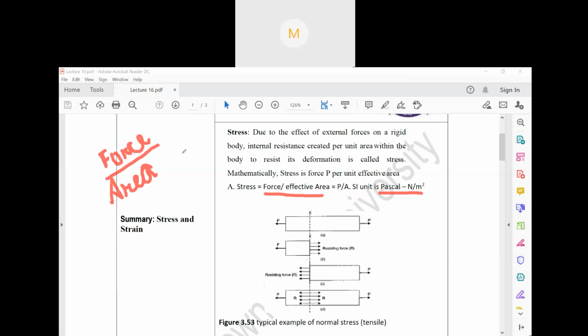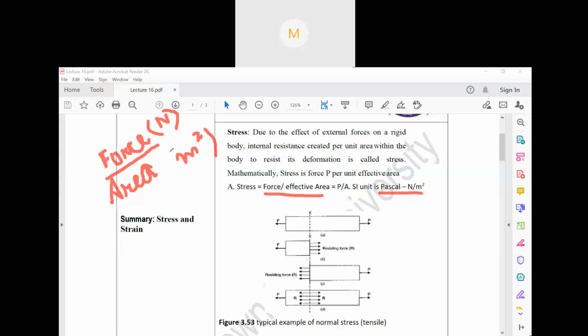Why Newton per meter square? Because the unit of force is Newton. Since the formula of stress itself says that it is force per unit area, we can write it as Newton, then area will be in meter square.